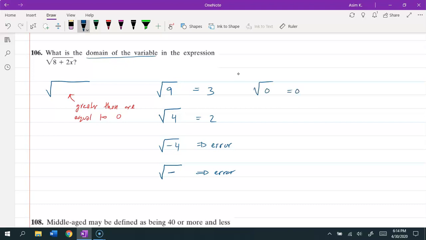The square root of 0 is 0, all right? So that does work for you. And so that's the logic and the reason why we say, well, if that says 8 plus 2x, then we have to write down 8 plus 2x has to be greater than or equal to 0, like that. And then you can solve it. 2x is greater than or equal to negative 8, and therefore x has to be a number that is greater than or equal to negative 4. So that's how you solve number 106. All right? It's the logic that's important.